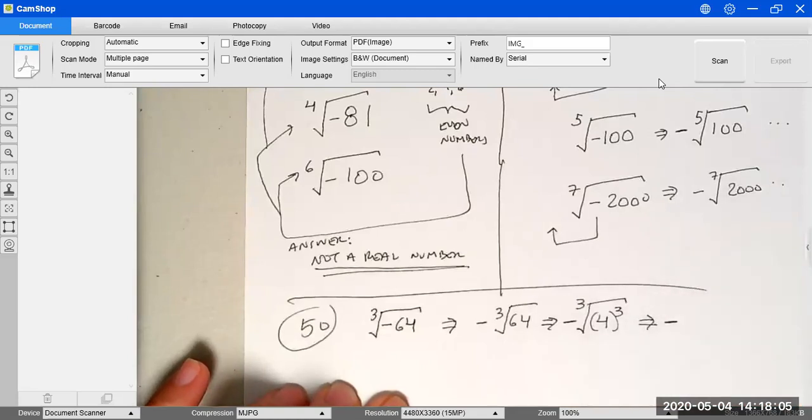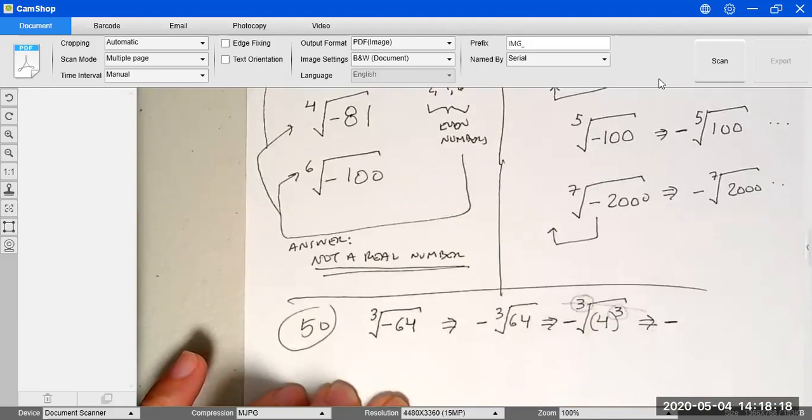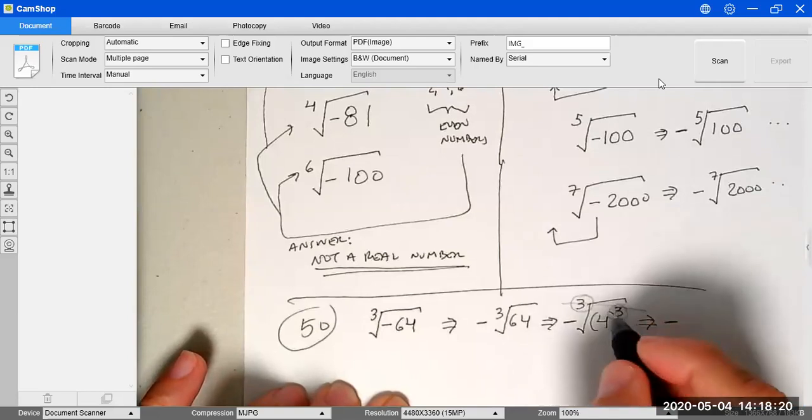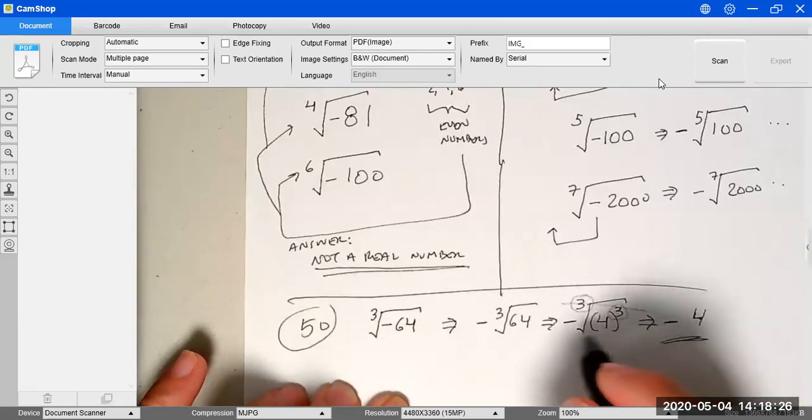So then, once you have a perfect cube in your radicand and an index that is the same, in this case 3, then you can cancel the exponent and the radical sign. So you end up only with the radicand and the sign that was taken out.